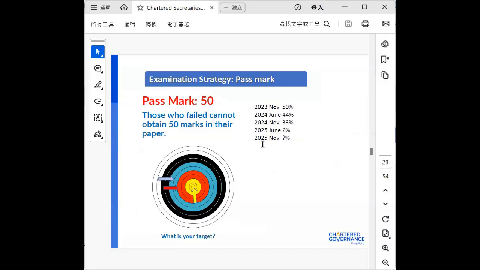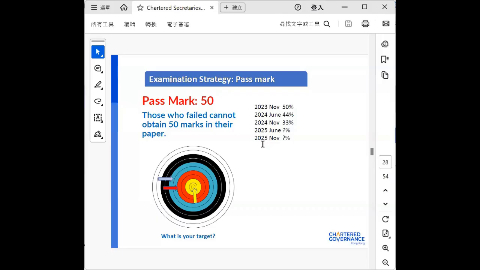What is your strategy? Throughout the different diets, you can see the pass rate ranges from 30-something to 50%. I mean, half of you would pass the examination, half don't. So why is it that half cannot pass the examinations?